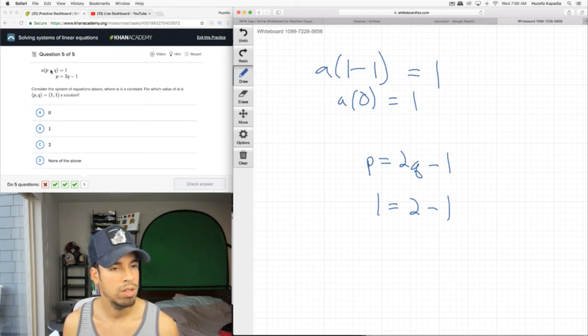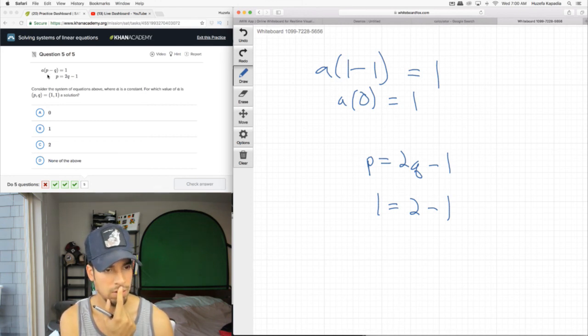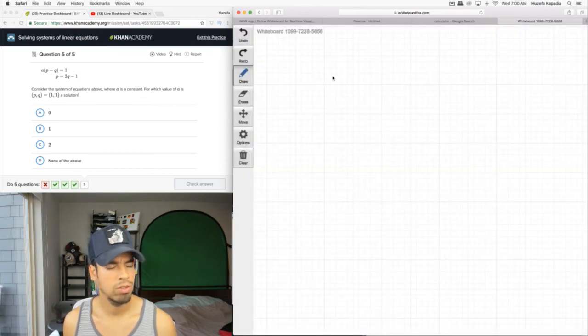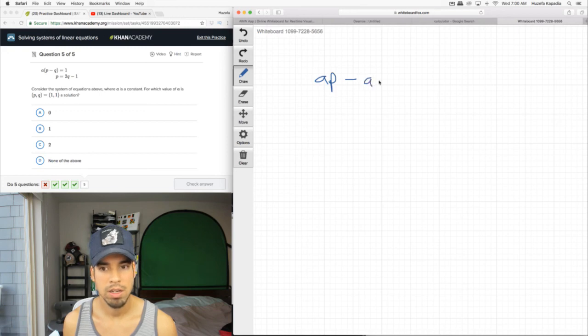In the top one, 1, 1 will never be a solution, it looks like. Hold on, let's see. Is there any way to make this work? Let me see if by any chance there's a way to manipulate it. ap minus aq equals 1.